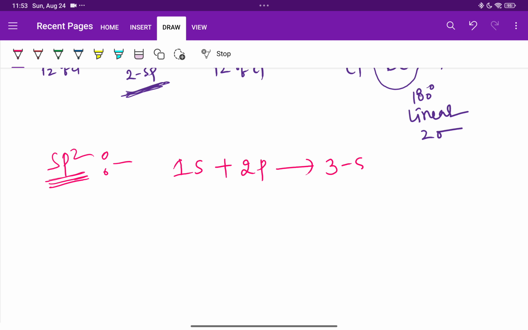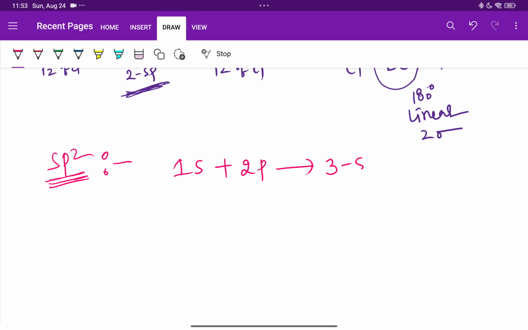The best example for sp2 hybridization, BF3. So in the BF3 the central atom is boron. So I am going to write the electron configuration 1s2, 2s2, 2p1. So 1s2, 2s2, 2p1. So this is the ground state, GST.